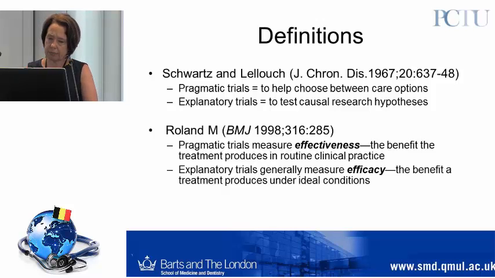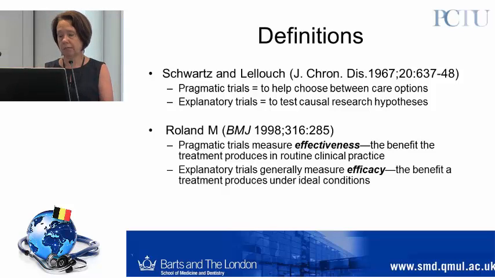And if you take the definition that Rowland and Torgerson have of effectiveness in routine clinical practice, actually at least some of the trials that go through our clinical trials unit aren't things that you can slot into routine clinical practice. They are actually changing clinical practice. So they're changing the organisation of healthcare. So there are some differences, but I think these definitions have largely stood the test of time.